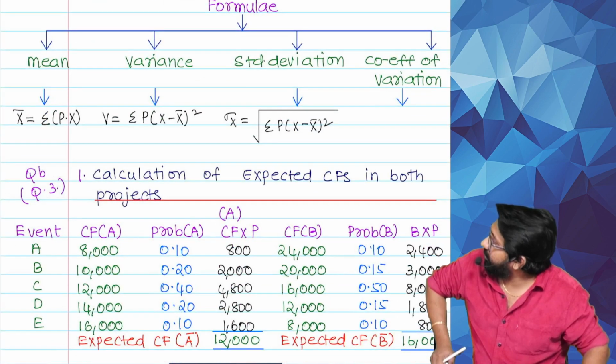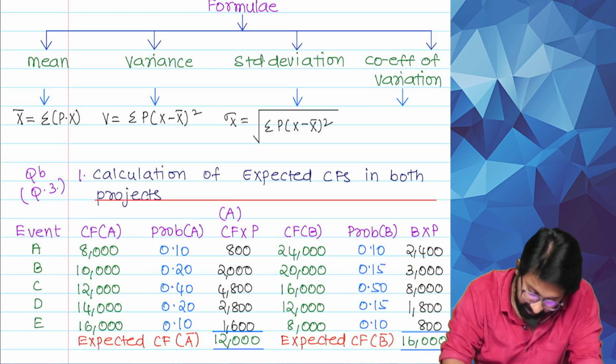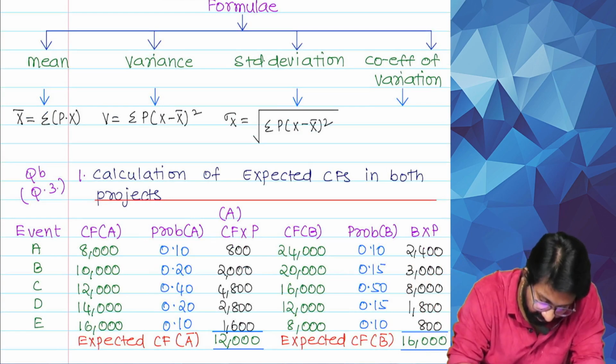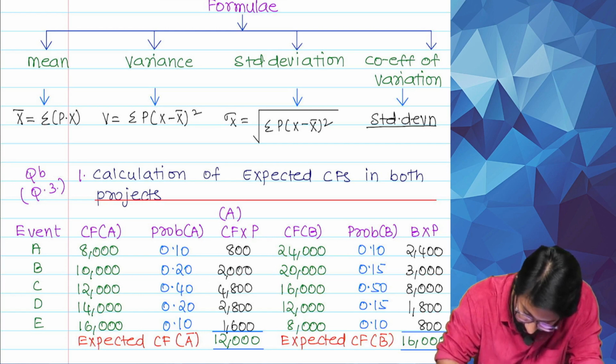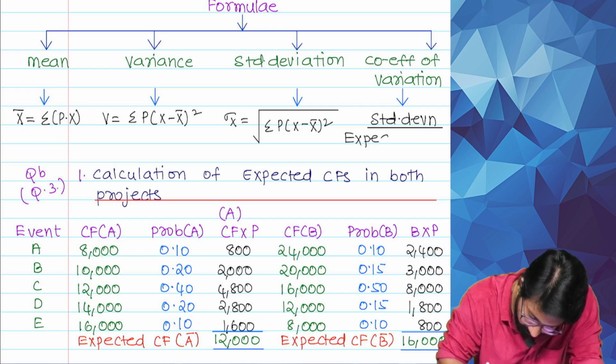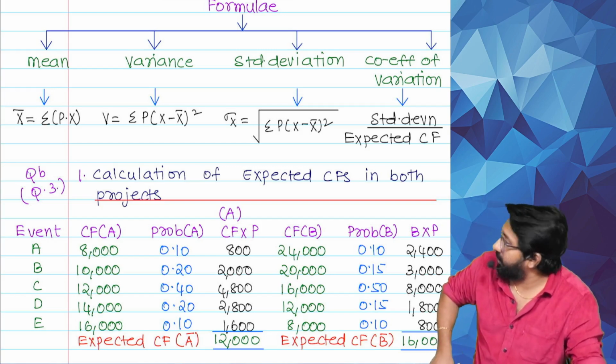In that we have seen the formula. Write down the formula. What is the formula? Standard deviation by expected cash flow.